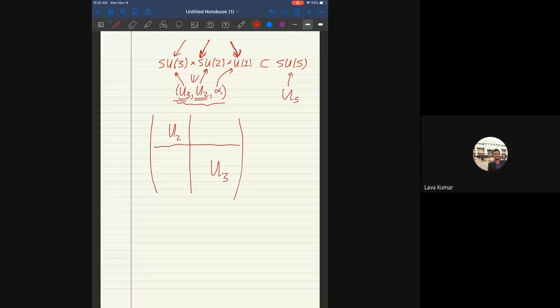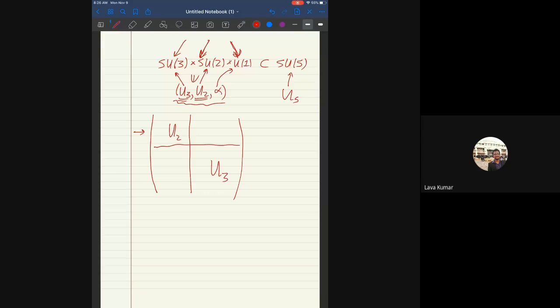We don't have another 1x1 block we can stick it in, so we have to somehow fit it into this matrix in a way that commutes with what's already there. The only thing that will commute in the upper 2x2 block with an arbitrary 2x2 unitary matrix is something proportional to the unit matrix.